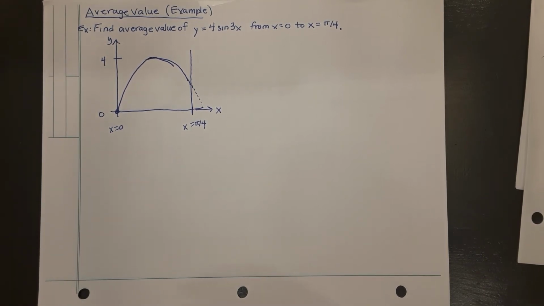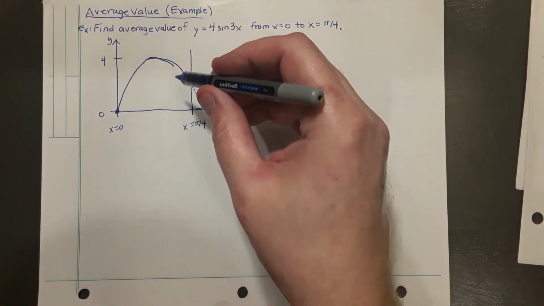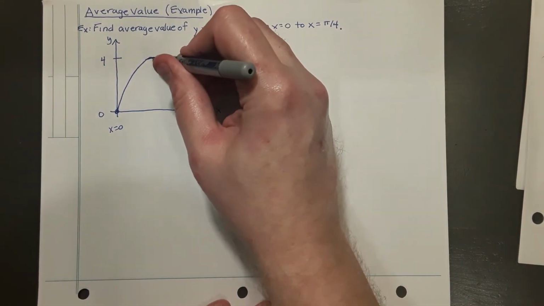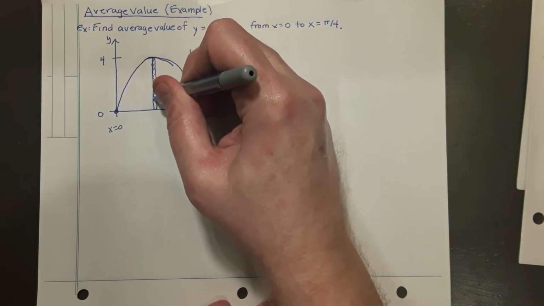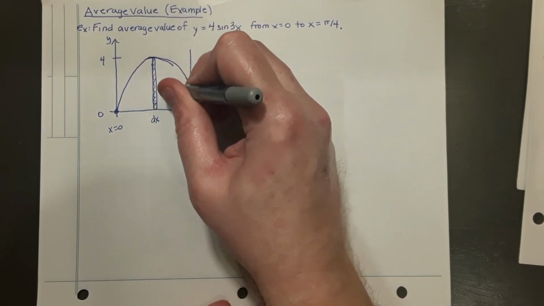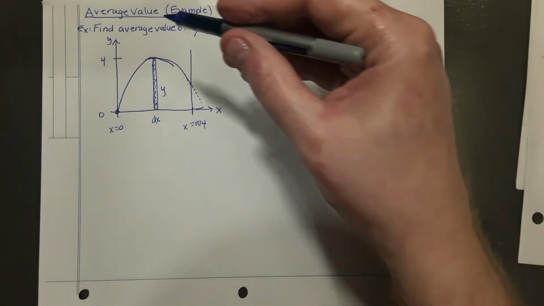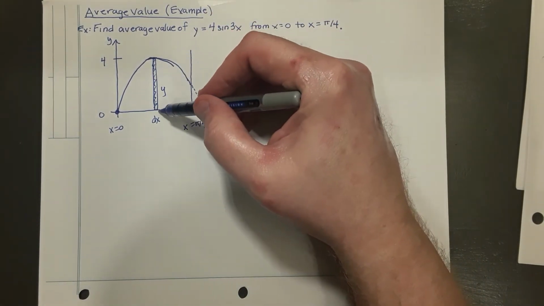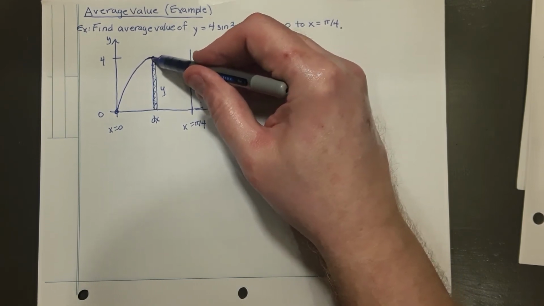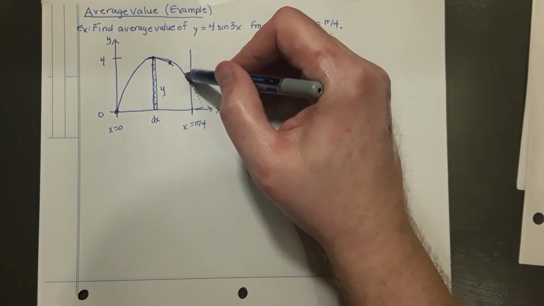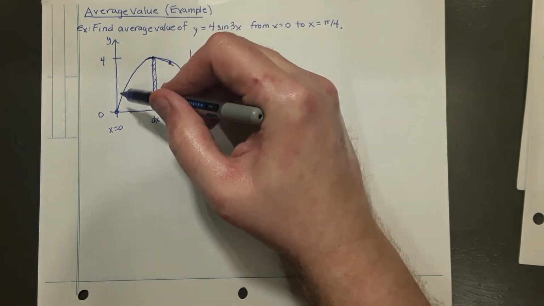In order to actually do the calculation, with an area question, you choose your rectangle as step number 2. If I pick vertical elements, the length of the rectangle is y minus 0, the y-coordinate of the curve minus 0, everywhere.